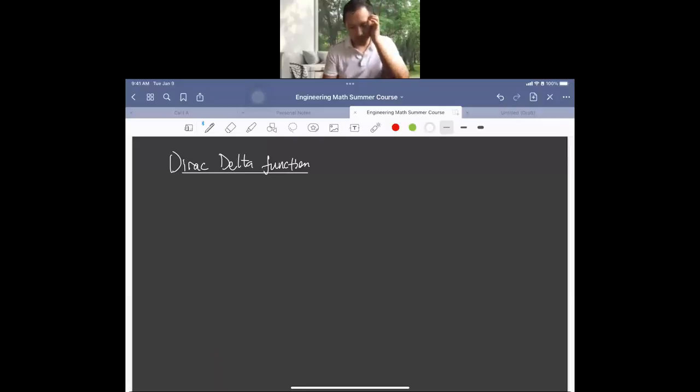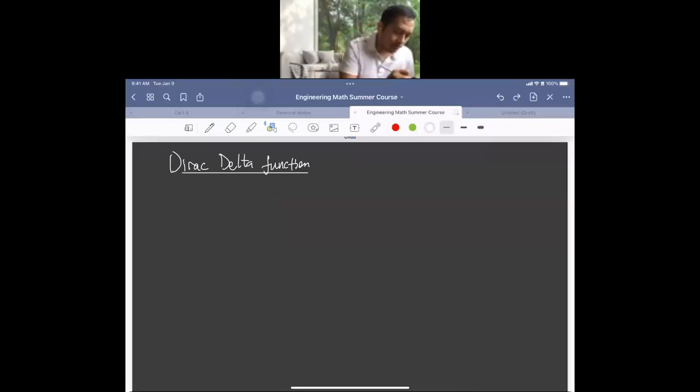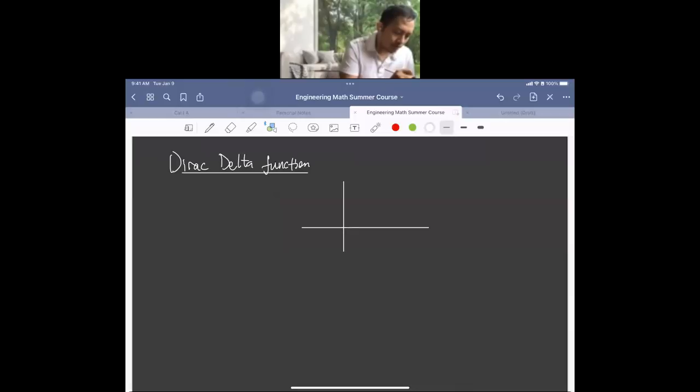So the idea behind the Dirac Delta actually came from the step functions, right? The step function, if you remember, goes 0 until some point, and then it's going to be 1.